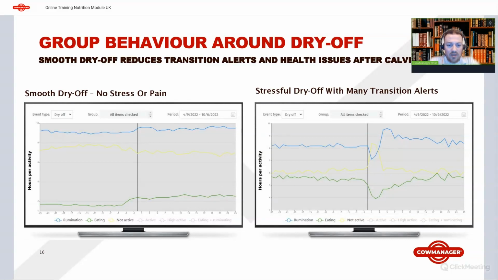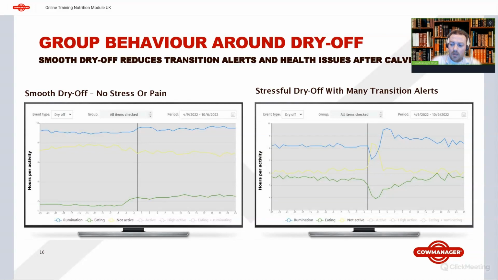and that's why you cannot compare eating times of dry cows with lactating cows, because it's a different ration. And of course, eating time is correlated to dry matter intake, but you need to be honest in that case.